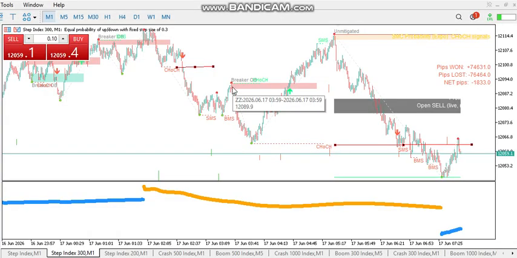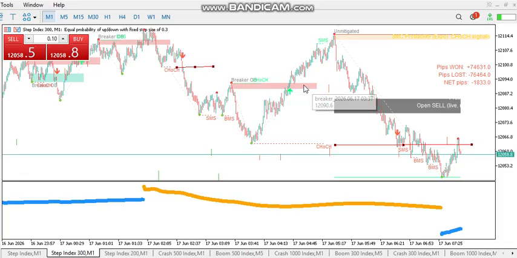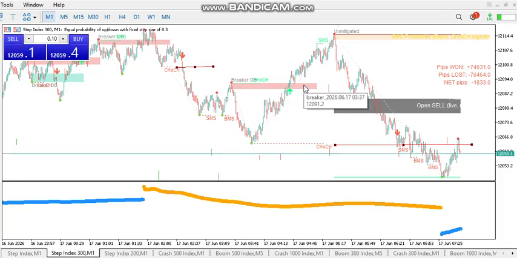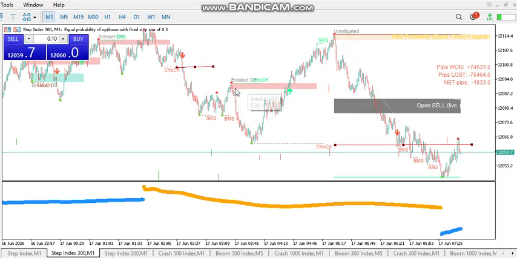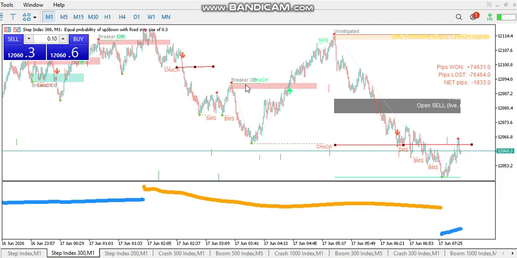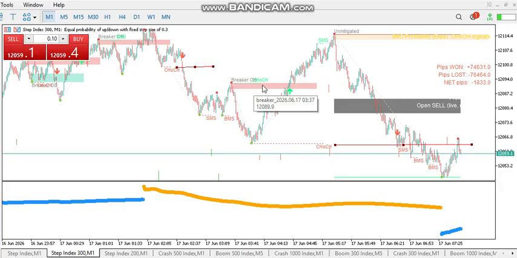You can see what happened here. We have our breaker level at this particular zone, which identifies as a downtrend breaker level. So anytime you have your breaker level appear on your charts, and you can see that it is on this light red color, it indicates that the breaker level is on the downtrend level.